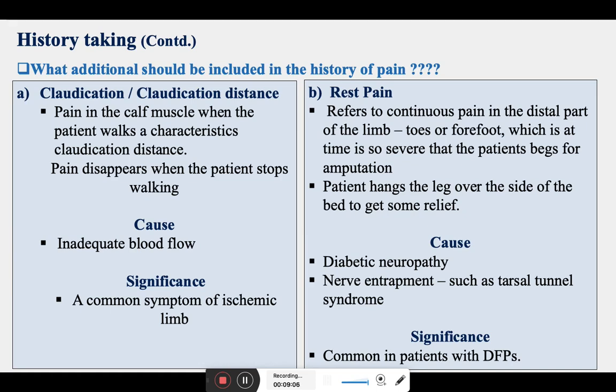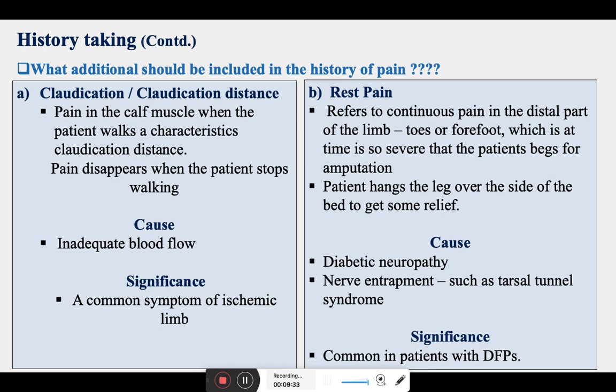What additional information can we get once we take the history of pain? Now, in case the patient comes and says that when he starts walking, at that time there is no pain, but after walking for a short distance, he starts feeling a pain. So that is called claudication distance.